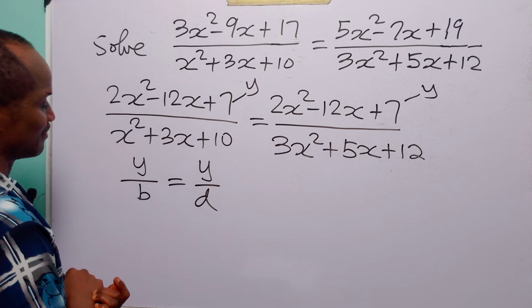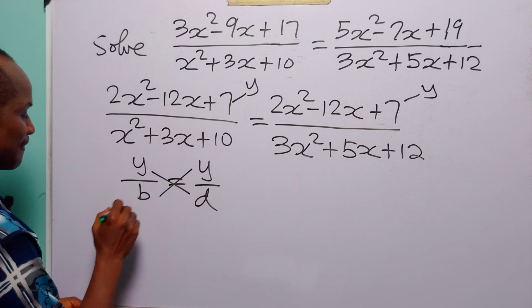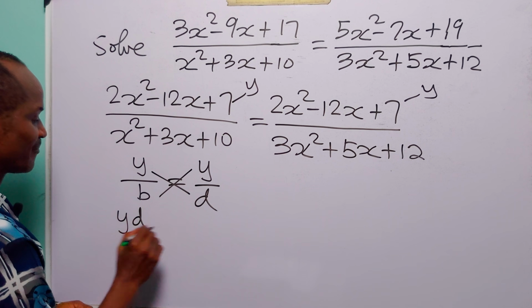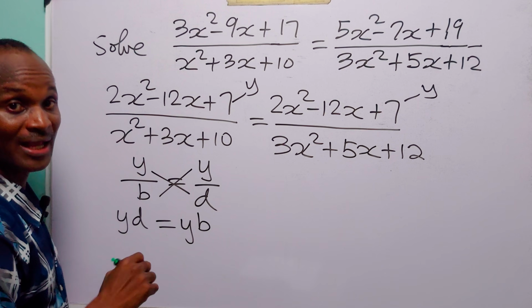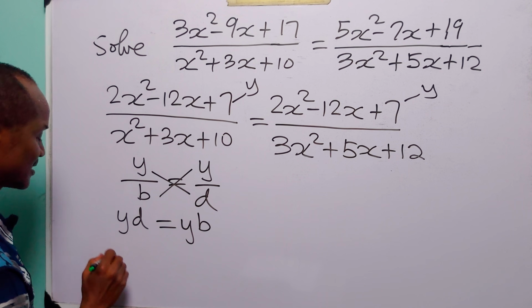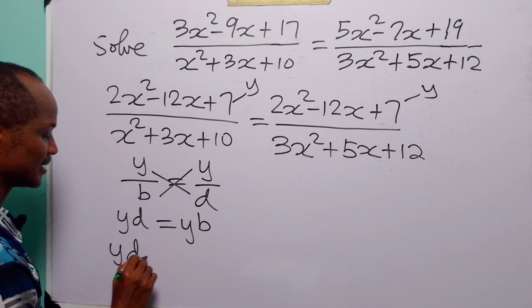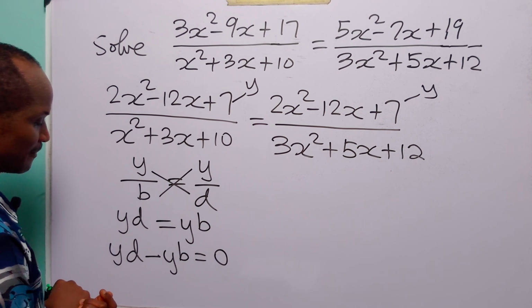Now we can cross multiply. When we cross multiply, we have that y times d is equal to y times b. And of course, when we move this over to the left-hand side, we have that yd minus yb is equal to 0.